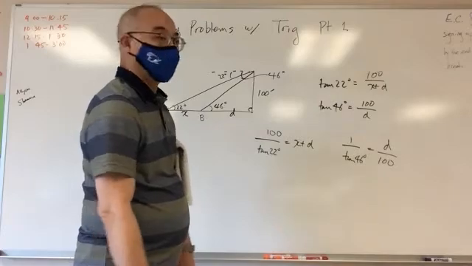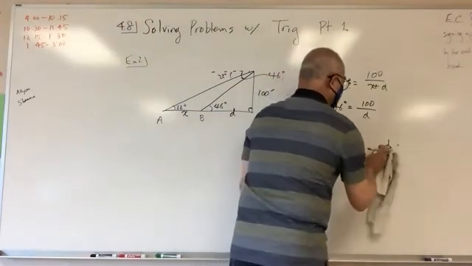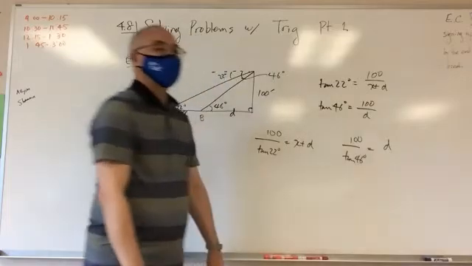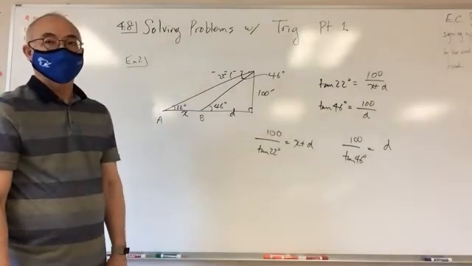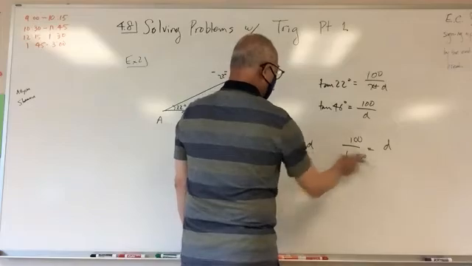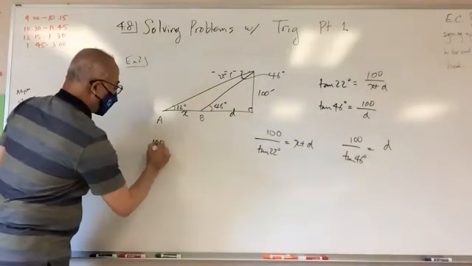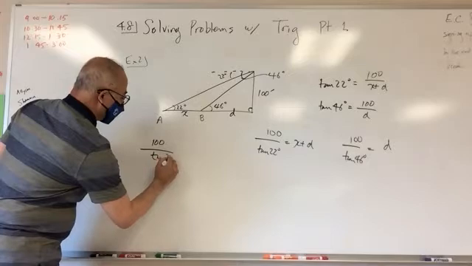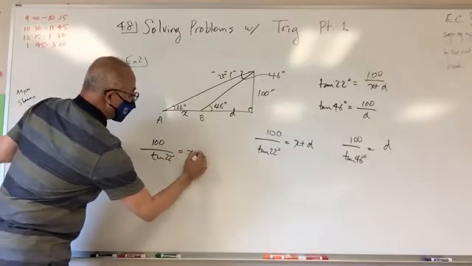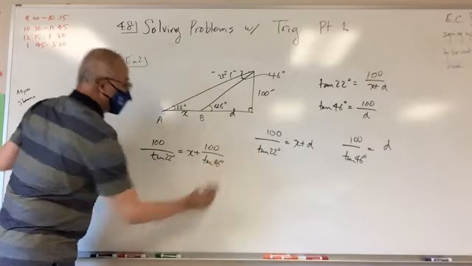Again, I multiply by 100 on both sides, and I have d. Now I'm going to put this d into the other equation. I get 100 over tangent 22 is equal to x plus 100 over tangent 46.